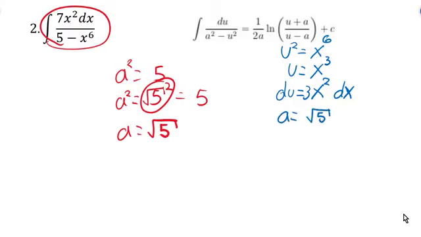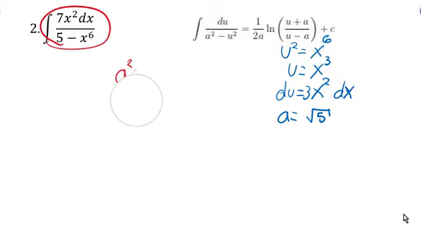Now let's erase all this, and now we have all the variables needed to get the integral. Now we're going to integrate, the most fun part of all this.